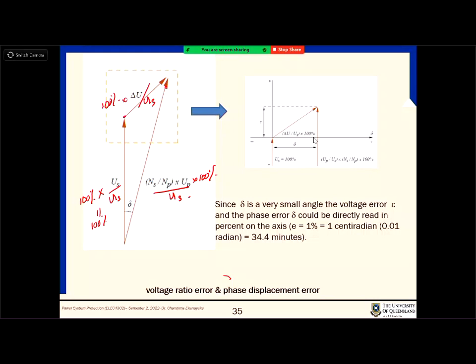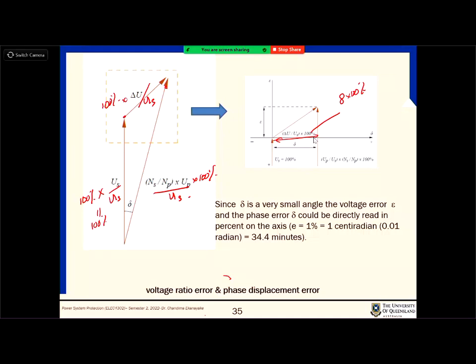If delta is in radians, this distance is basically delta times 100%. Because this is 100%, r theta will give you the distance. So this is delta times 100%.